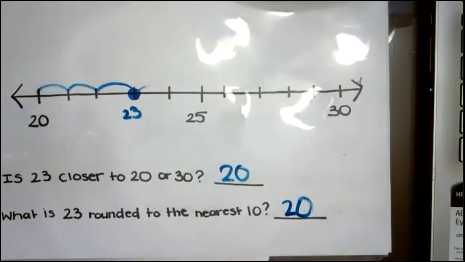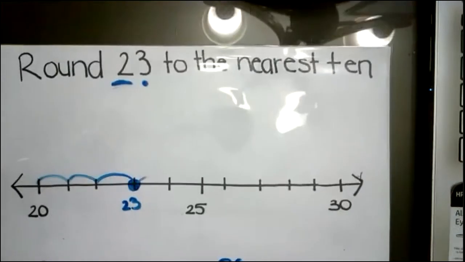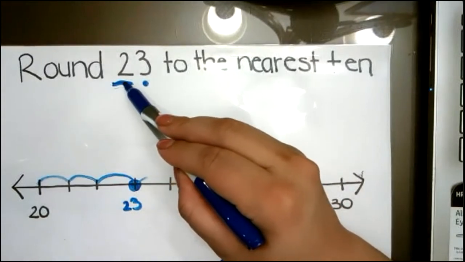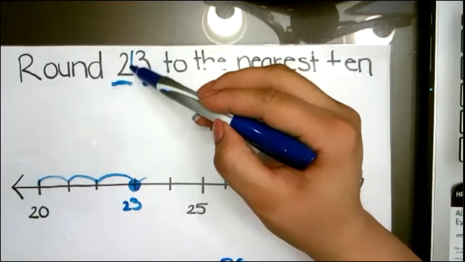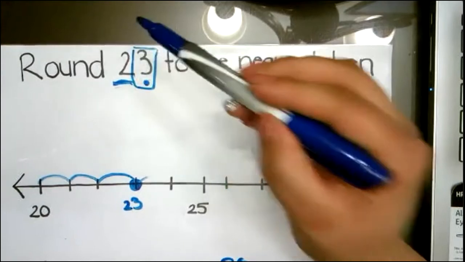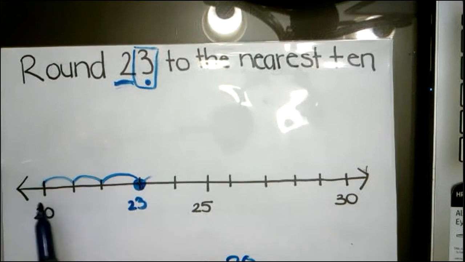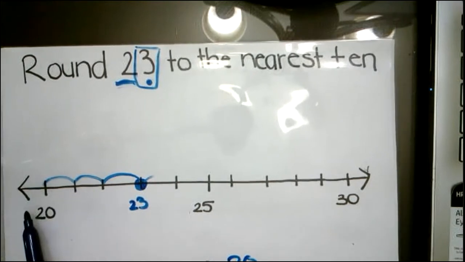Another way to check our answer is to look at the number 23. We're going to underline our tens place, and we're going to look at our neighbor. If our number in the ones place is a 4, 3, 2, or 1, we're going to round down, meaning it's going to be 20.